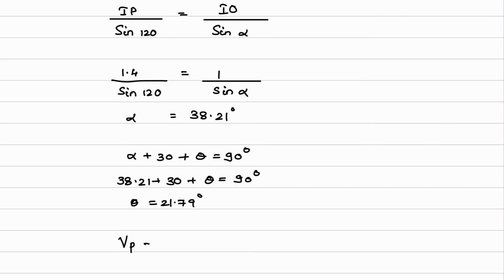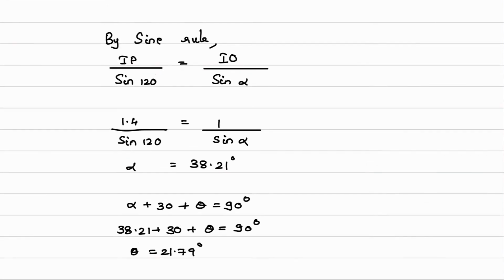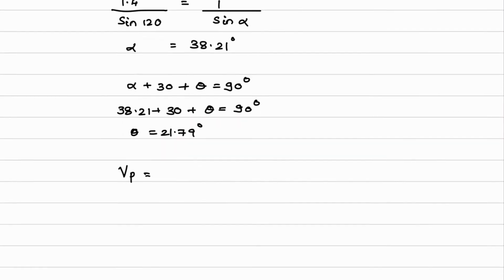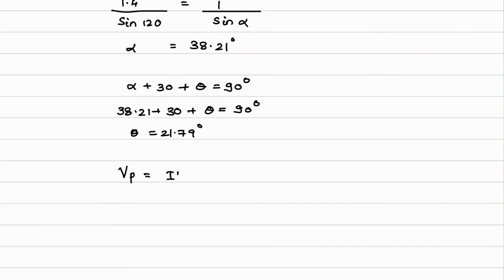Now I can calculate Vp. What is Vp? Vp is Ip into omega. Ip we have calculated as 1.4, so 1.4 into omega value we have calculated as 4.